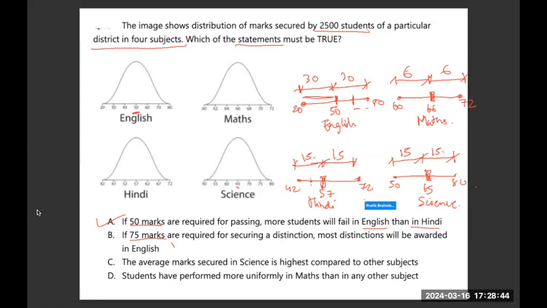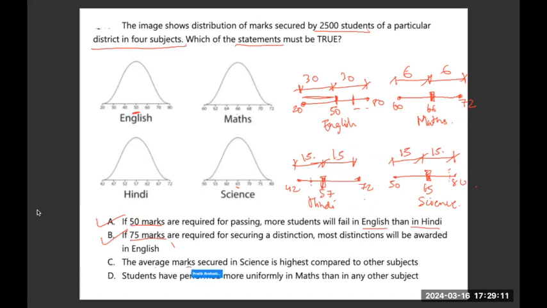In science, 75 will come somewhere here. It's more than 1/4, which means option B is true, that most students will be awarded distinction in English. 1/4 of the students will be getting distinction in English.